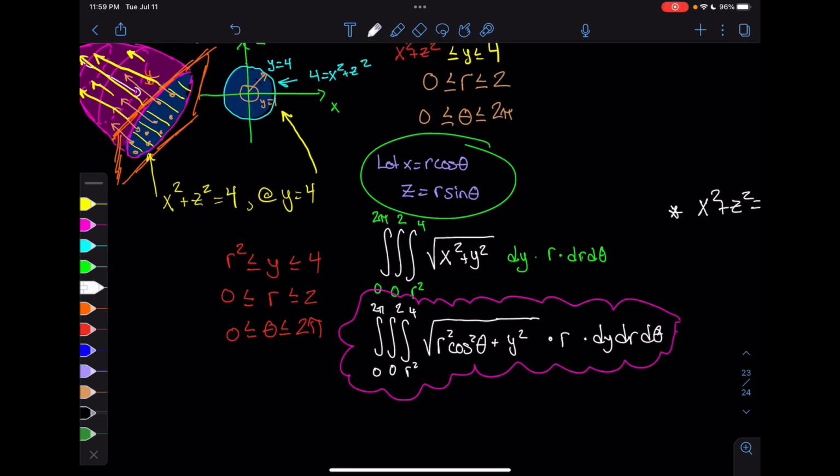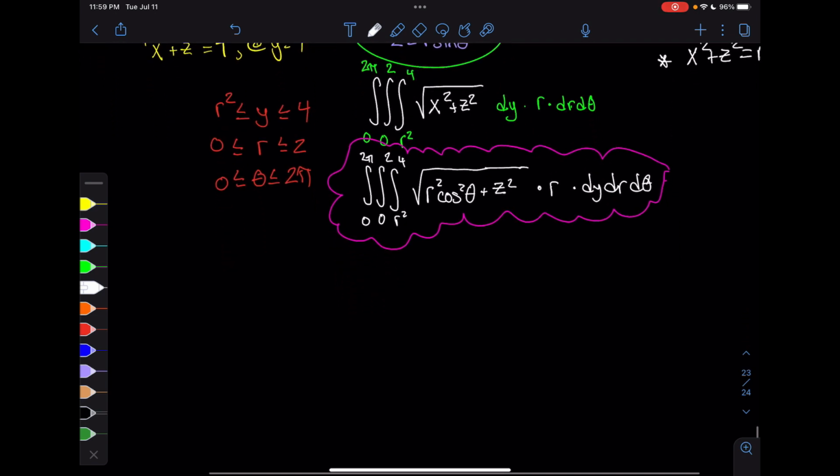Now, I've only just realized a slight little mistake, which is that this function that we're integrating is actually not supposed to be plus y squared. It's supposed to be plus z squared. And that makes a slight bit of a difference because now we're going to plug in z is equal to r sine theta.